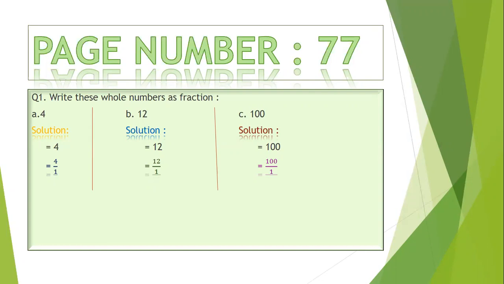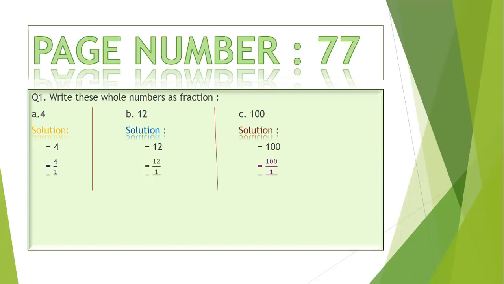So 12 over 1 is a new fraction. 100, and we put 1 in the denominator. This is 100 over 1, which is a new fraction of 100. So when we put the 1 in the denominator, we convert all the whole numbers in the form of the fraction. Is it clear to you how easy this question is?